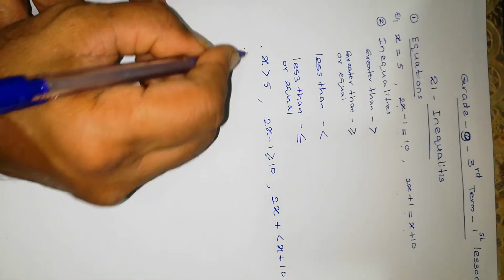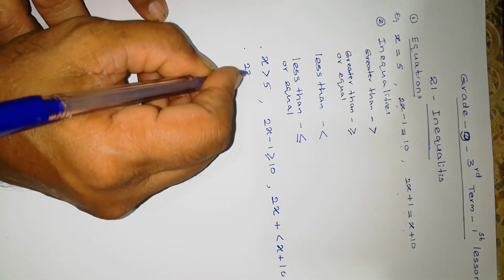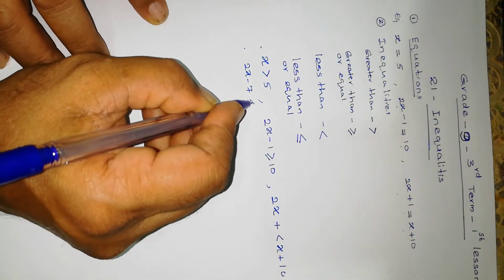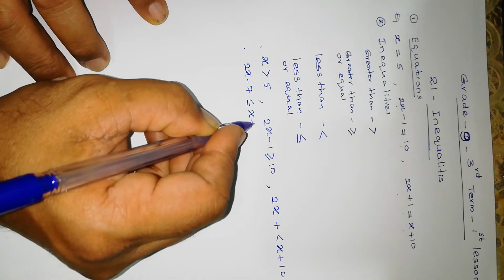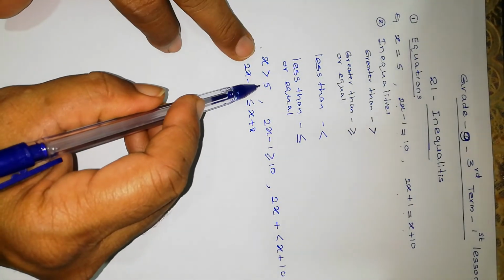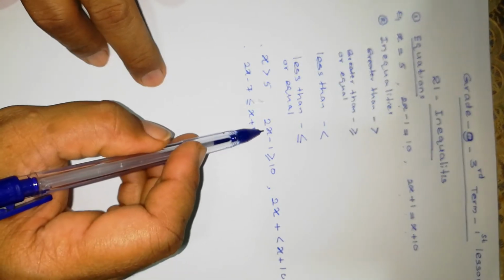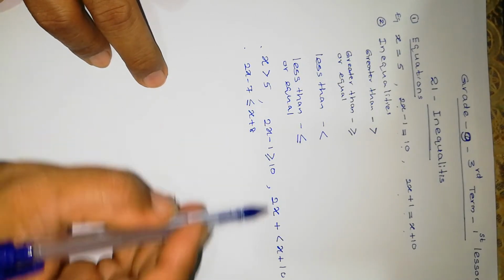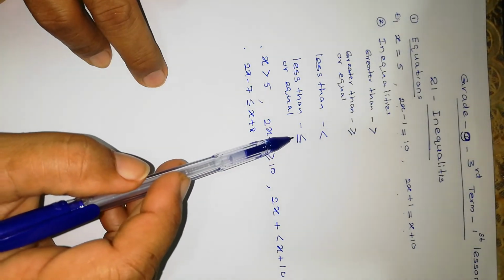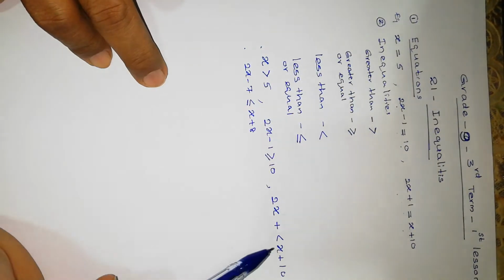Then one more example: 2x minus 7 is less than or equal to x plus 8. Joining two terms like this, or a term and an expression, or two expressions using one of these symbols, we can build up inequalities.